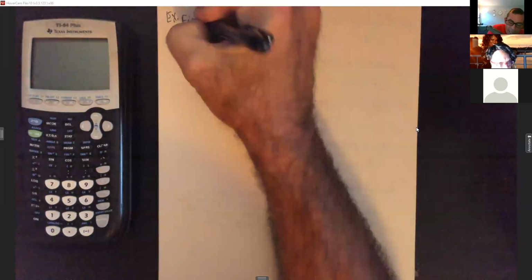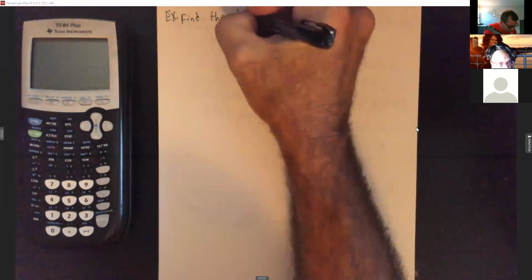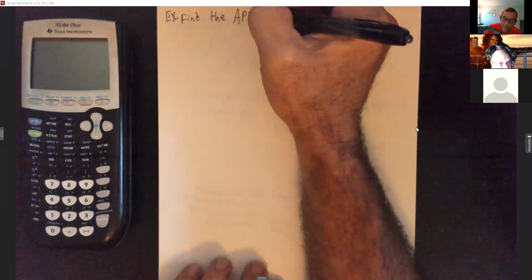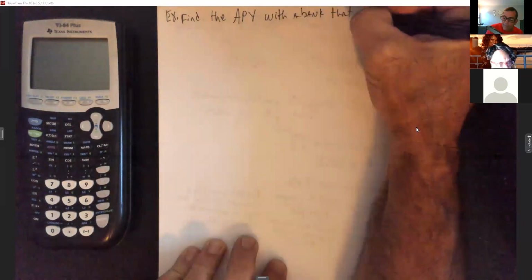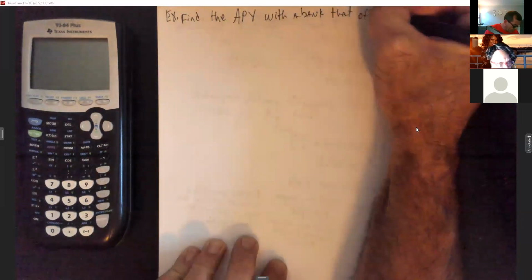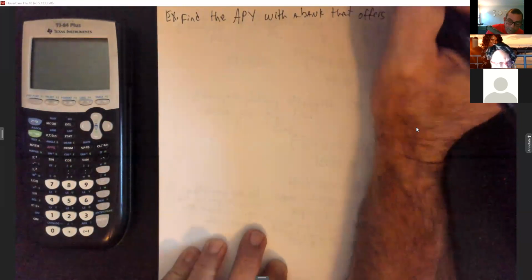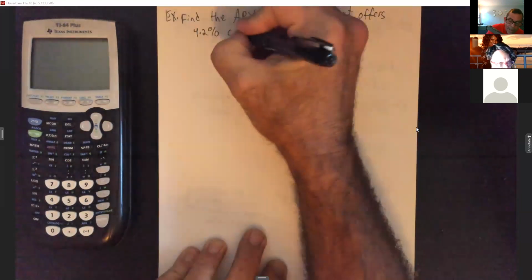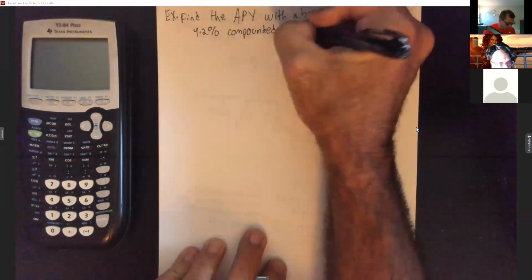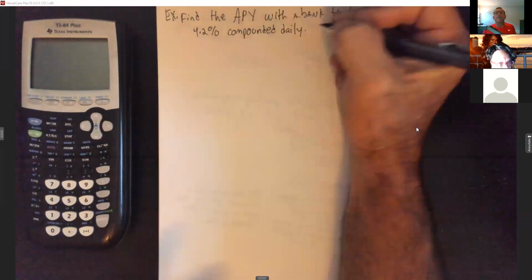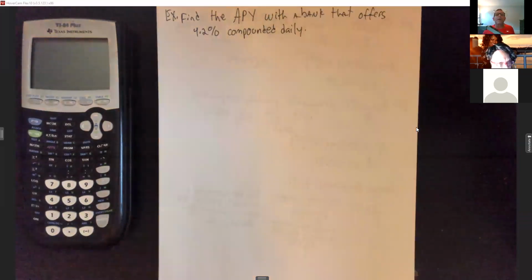So we're going to find the annual percentage yield with a bank that offers 4.2% compounded daily. So we're going to find the annual percentage yield on a bank that offers 4.2% interest compounded daily.